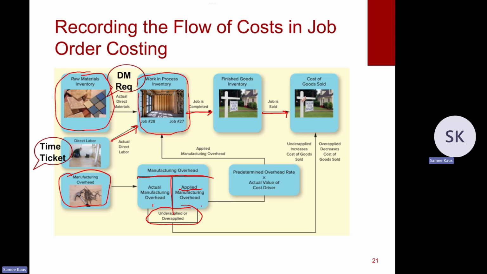So the last piece of this is to close my over or under applied into my cost of goods sold. So we'll see that in the future, okay? Because remember, my applied overhead is what goes into my WIP, but I do have to take care of the difference between my applied and my actual in my cost of goods sold.